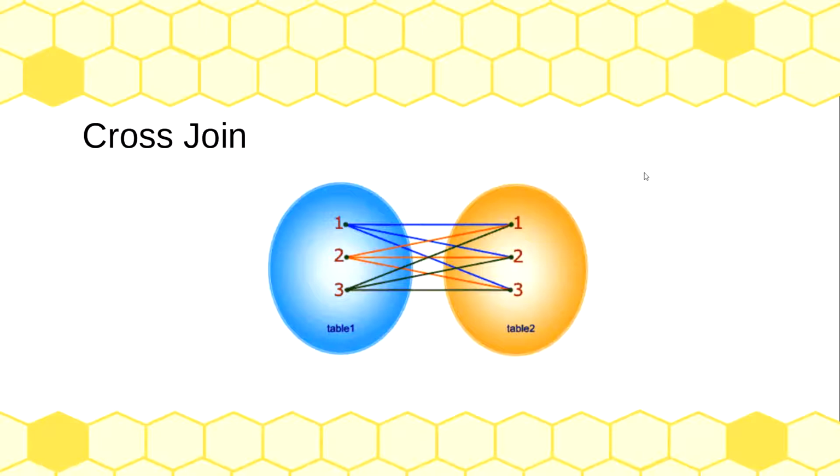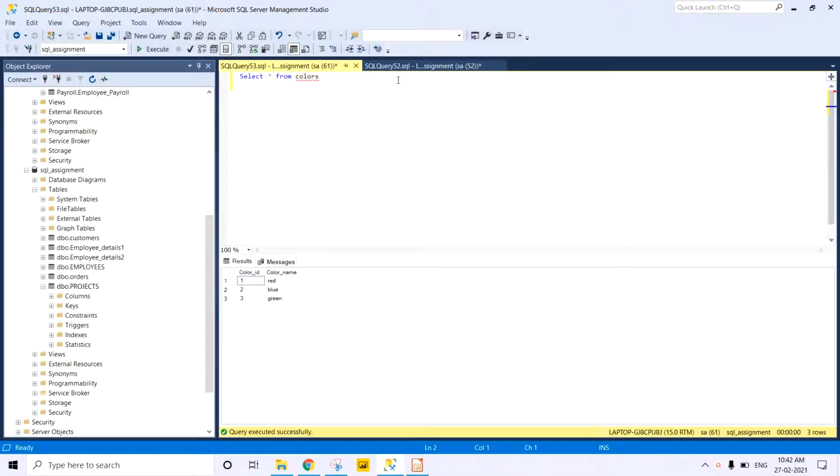Let's see an example of this in MS SQL. I have created two tables, shapes and colors. Now let's perform cross join on both of these.